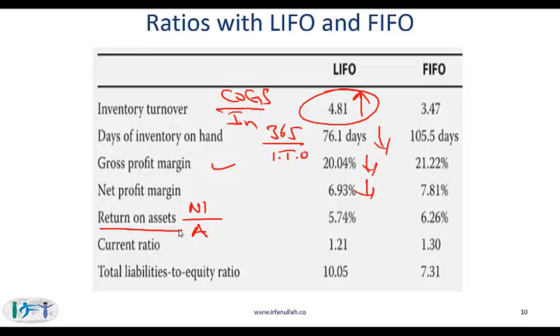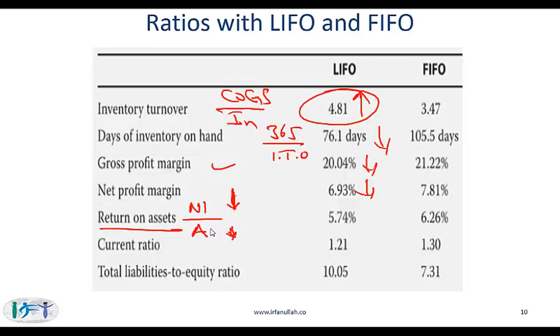The next item is return on assets, net income over assets. The net income is going to be lower with LIFO. What about assets? Assets will also be lower. But if you think about it, net income in percentage terms will be substantially lower relative to the difference in assets.